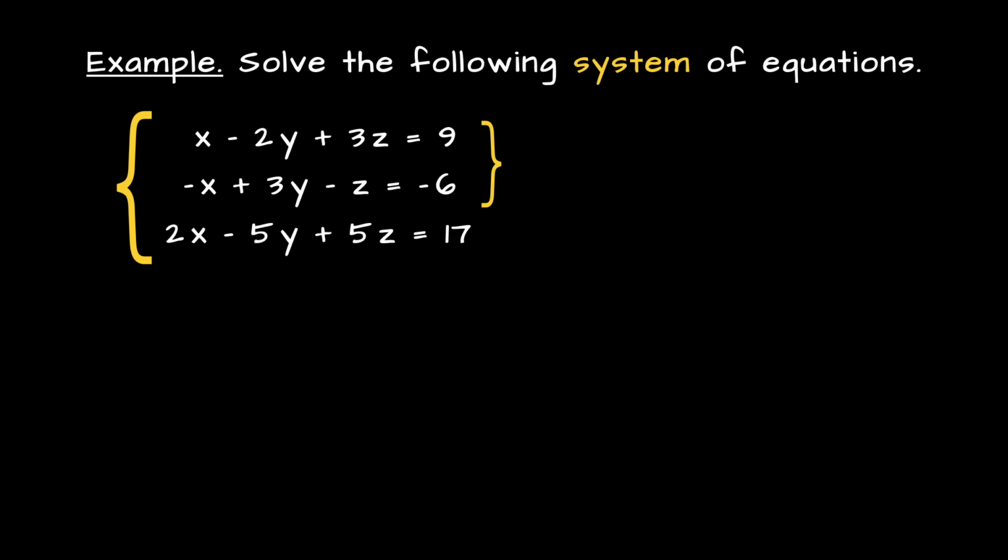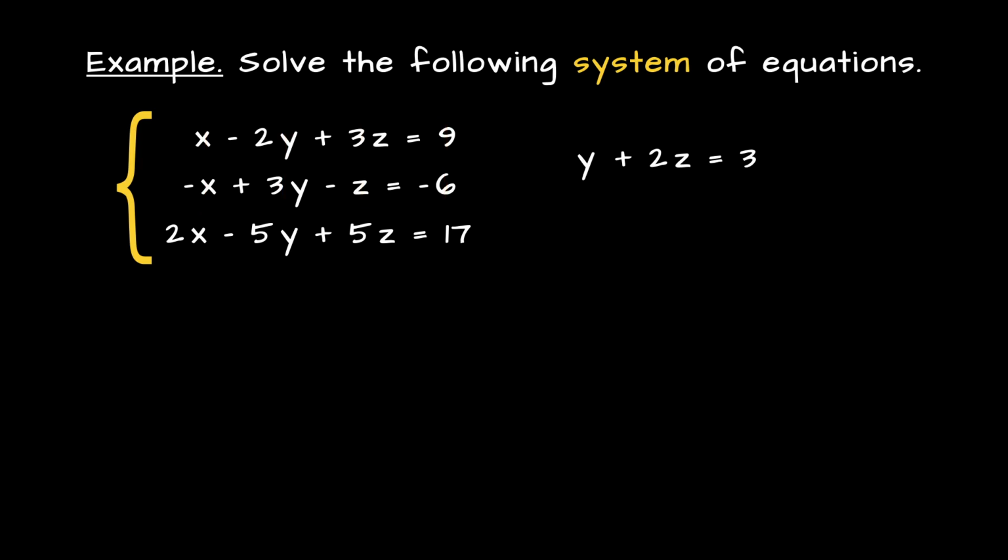So watch, when we add the x terms together, we just get 0. When we add the y terms together, we get negative 2y plus 3y, that's just y. When we add the z terms together, we get 3z minus z, that's 2z. And then, adding the right-hand side together, we get 9 plus negative 6, which is 3.